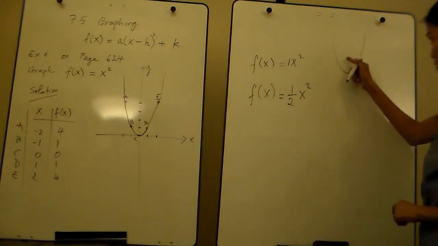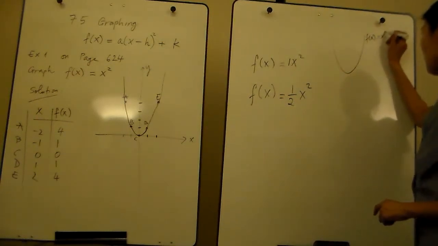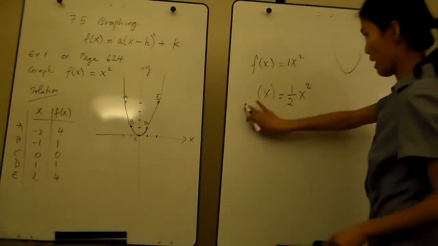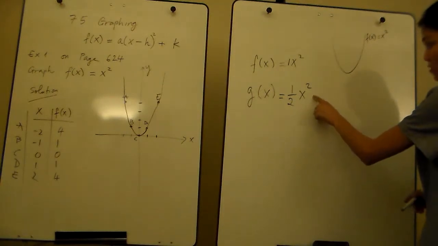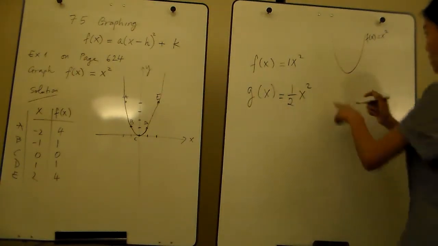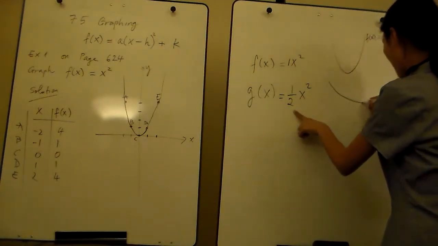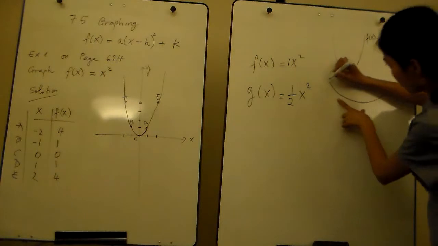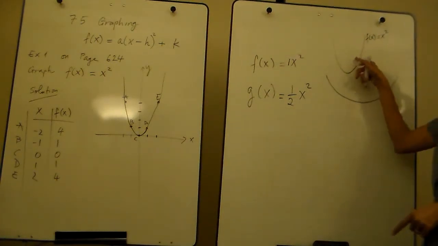So suppose this is the graph of f of x equal to x squared. If you have another graph, g of x equal to 1/2 x squared, where the coefficient 1/2 is smaller than 1, when you graph this, the parabola will be fatter. It still opens up, but it's fatter compared to this one.